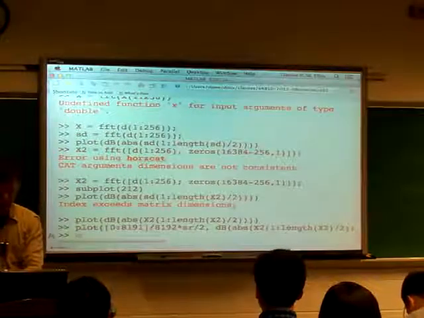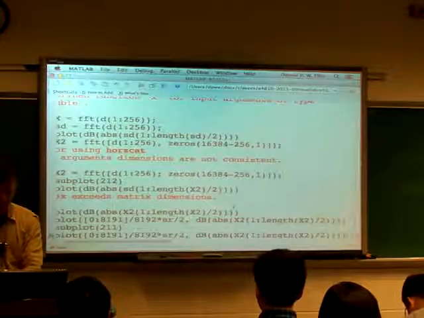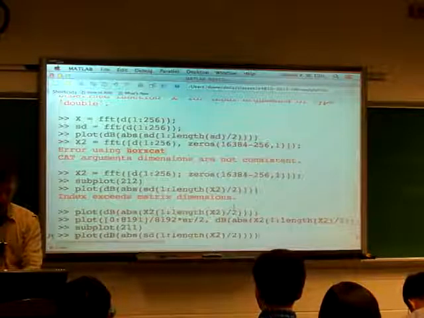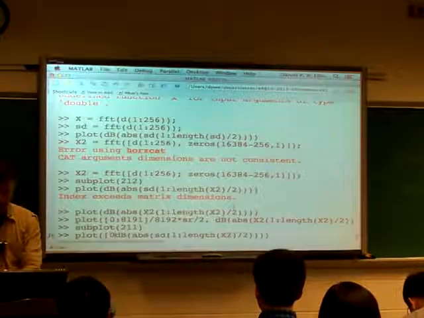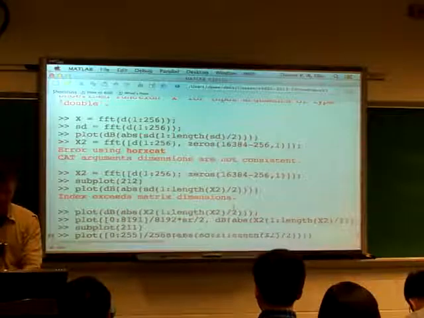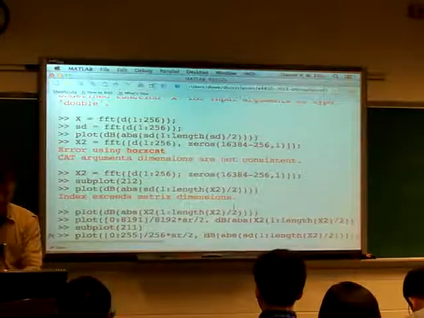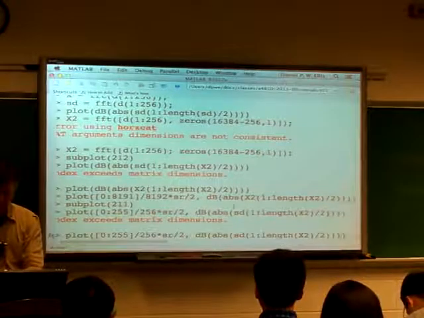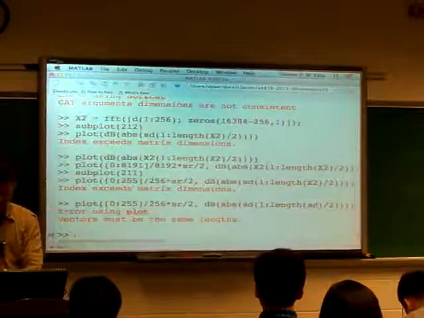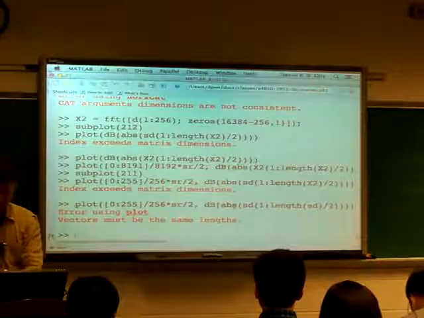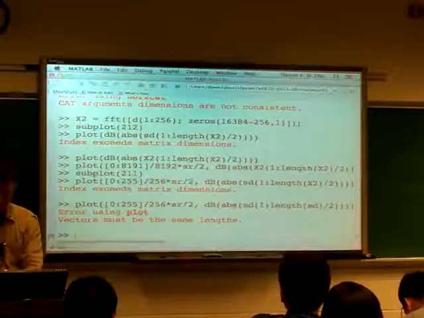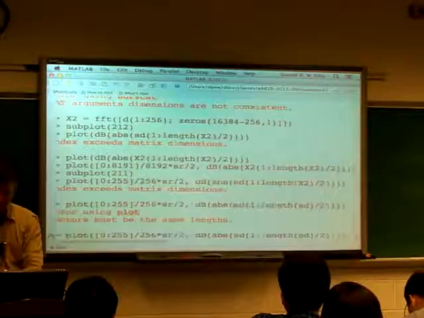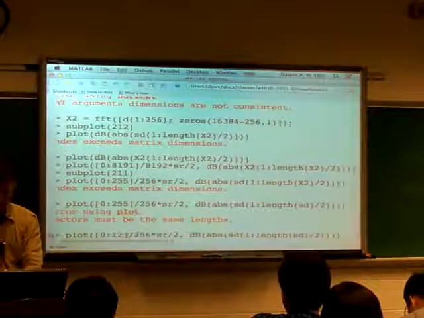Then the first one, the same, but now it's 0 to 255 divided by 256 times SR on 2. Length SD on 2. What did I do wrong? Because it's 128, 127.